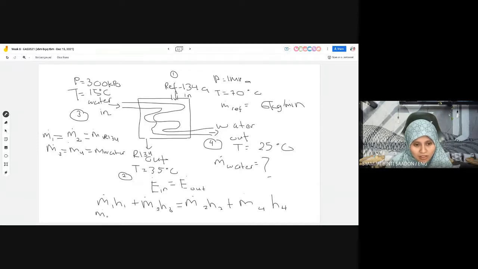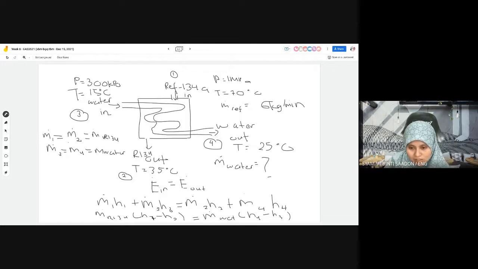We just put it this way: M refrigerant (H1 minus H2) equals M4, M3 is the M water, times (H4 minus H3). Okay, so this is from the energy balance.